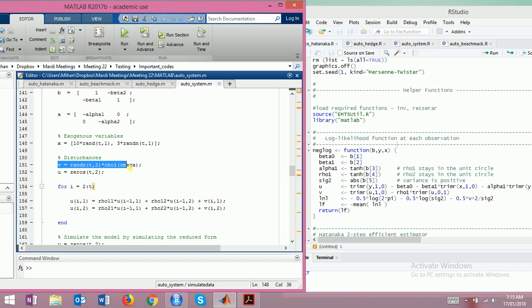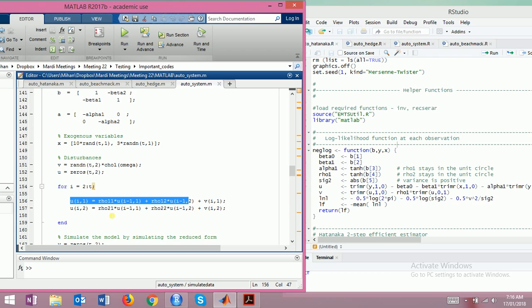Disturbance is v, T2 Cholesky of omega. Disturbance v is a random number with t rows and 2 columns, Cholesky, and u zeros. For i equal to 2 to t, ui equals ut minus 1 plus rho 1 1 ut minus 1 plus rho 2 2 ut minus 1 for the first column, and in the second column vi1.